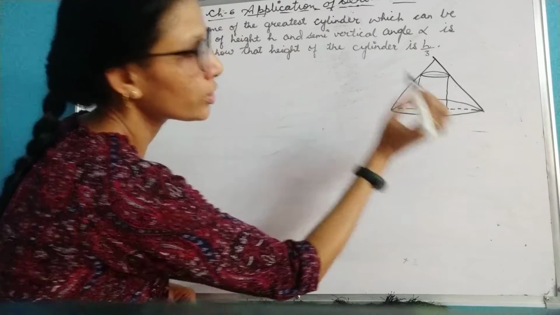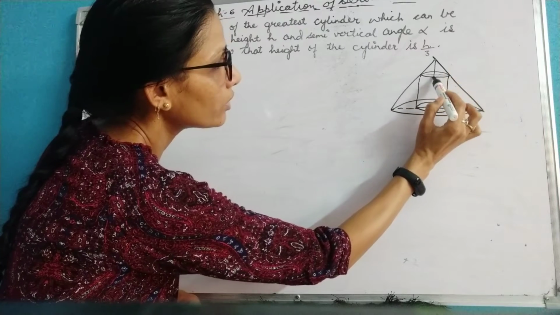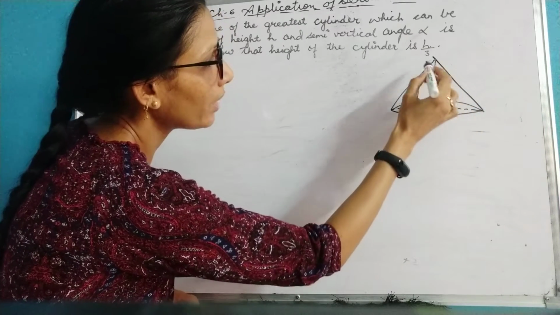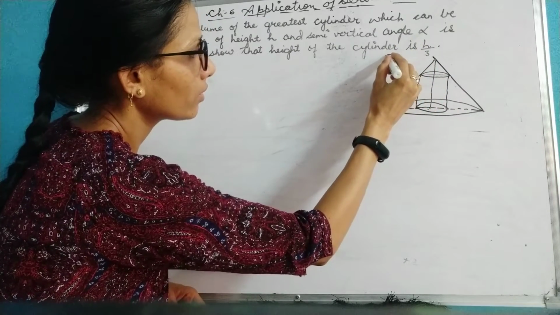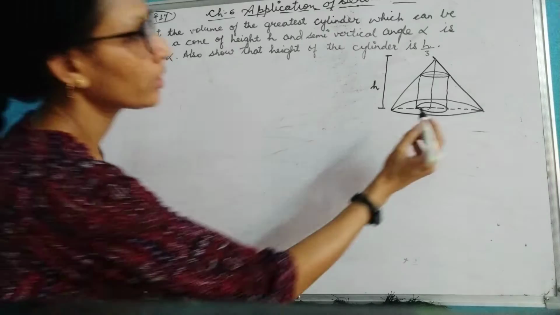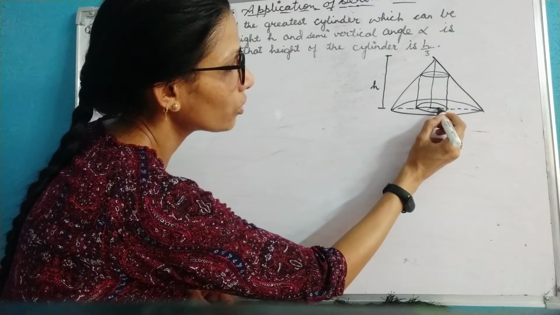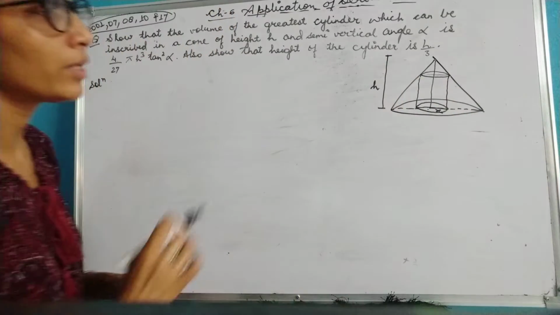So this is your cylinder. Let the height of this cone be h, from here to here. This height is h. Let this be your x, that means the radius of the cylinder be x.